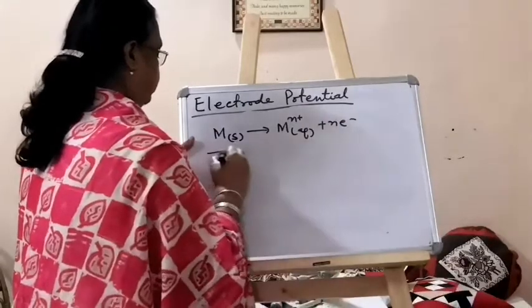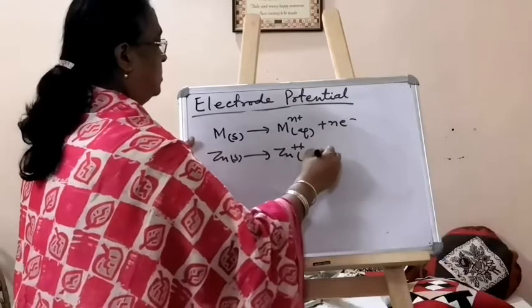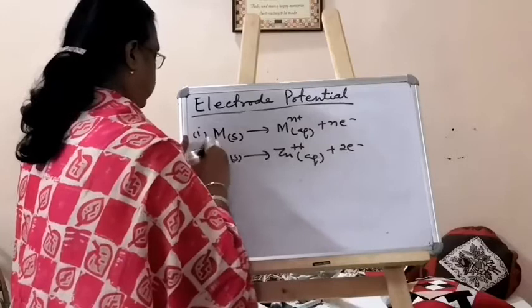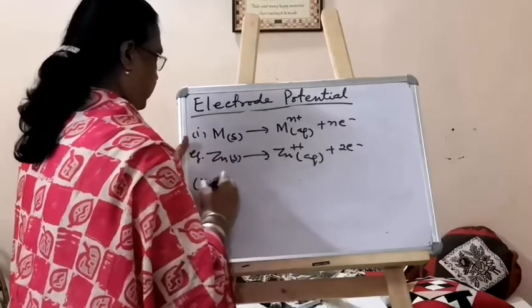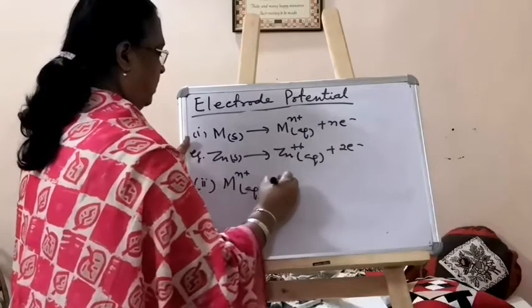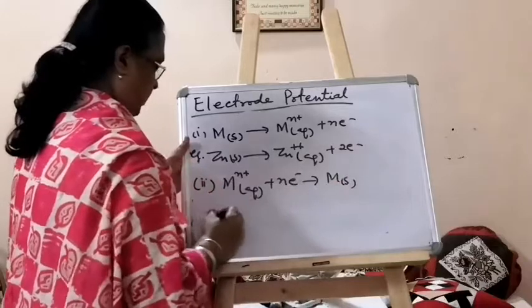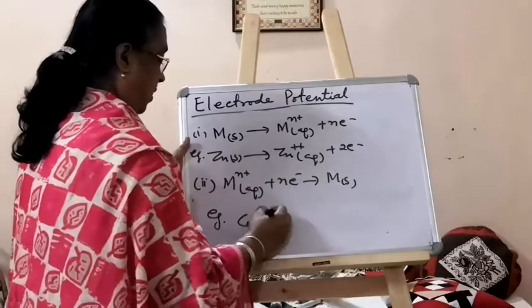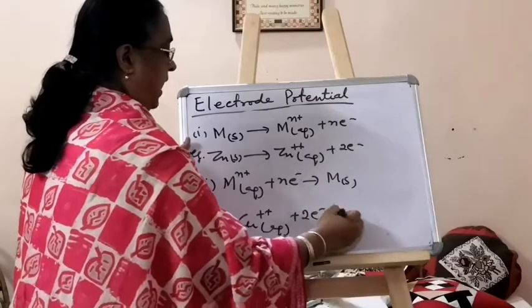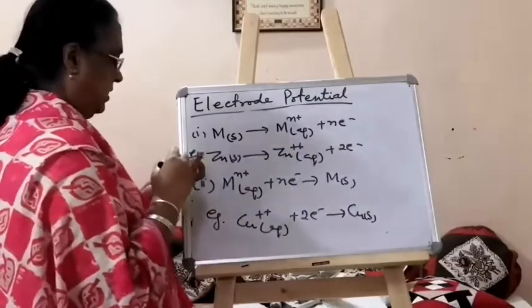The example we have seen: solid zinc is turned into aqueous zinc ion and 2 electrons. This is one reaction with an example. The second reaction is that the metal ion in the aqueous solution will gain electrons and be turned into solid metal. The example we have seen: aqueous copper ion gains 2 electrons and is turned into solid copper.